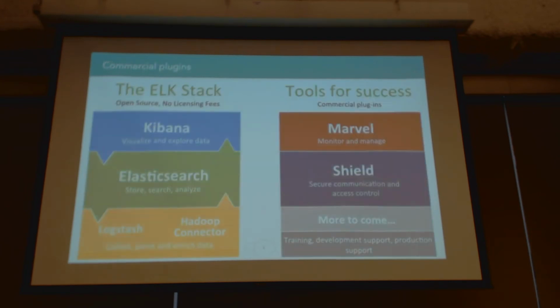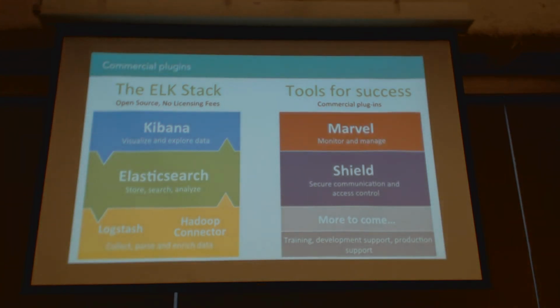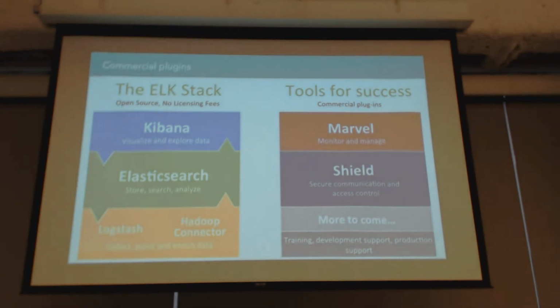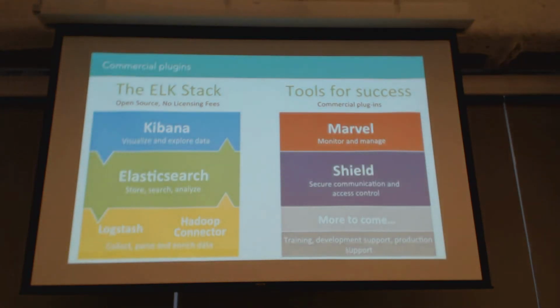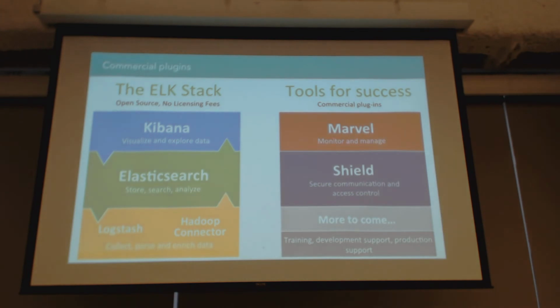But then, in addition to those, we have what we call the commercial plugins that Shanek referred to in the beginning already quickly. And if you have any interest in those, please talk to Sandy over there in the back. Which are Marvel and Shield that are out right now. Marvel is a plugin that's built on top of Kibana and shows you very fine-grained metrics about your Elasticsearch cluster. So it gives you a way to get real-time information about your cluster and immediately see the status of the nodes in there.